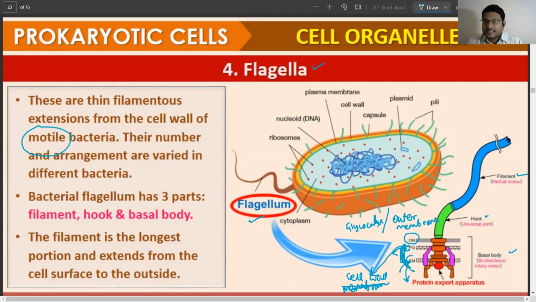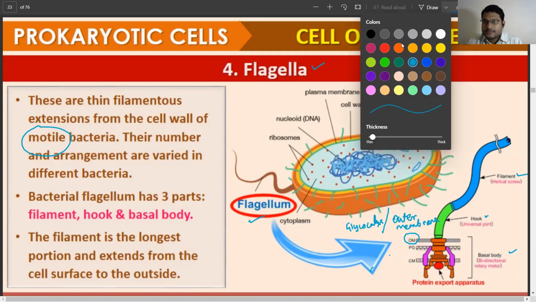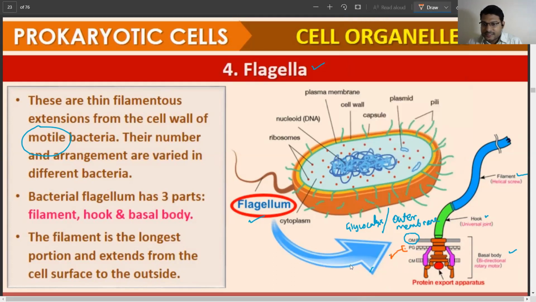Okay, let's just change this a little bit and change the color so that it's better. So here the peptidoglycan is going to be the cell wall basically, and the CM here refers to the cell membrane.